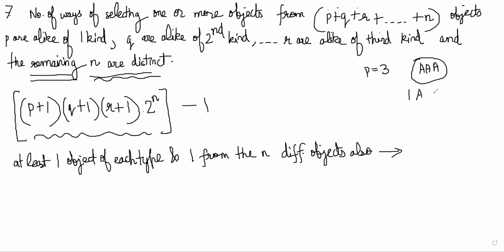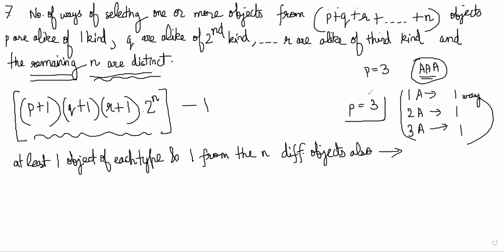Selecting one a can be done in how many ways? Out of 3 a's, it can be done in one way only. And two a's also one way, and three a's also one way. Total number of ways is 3. There are p ways to do this.